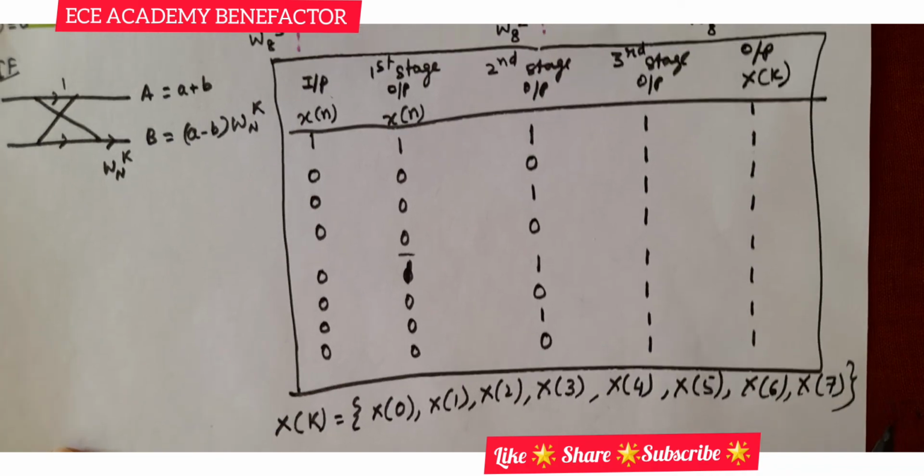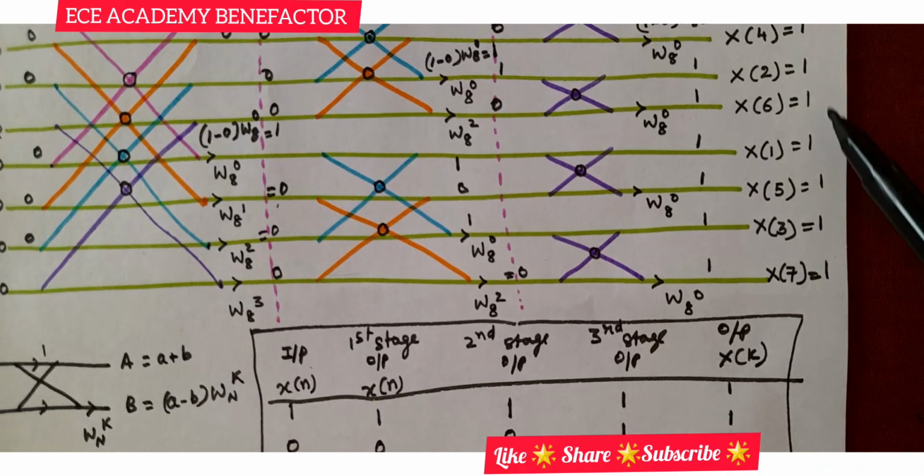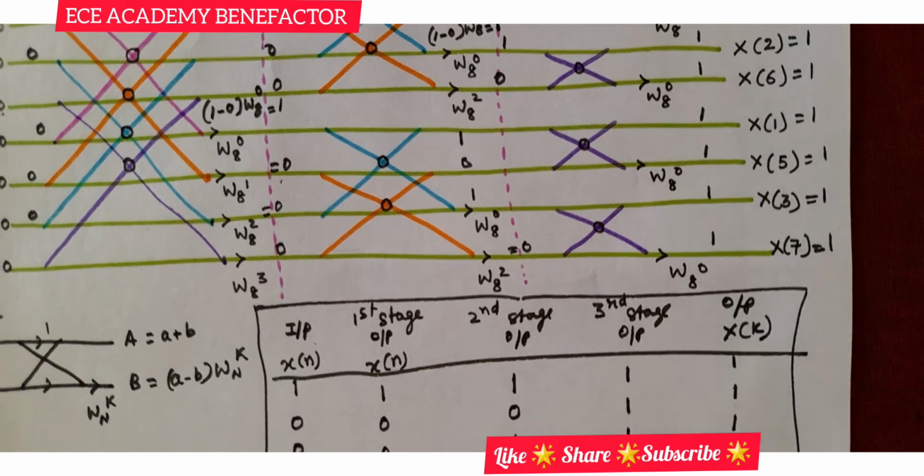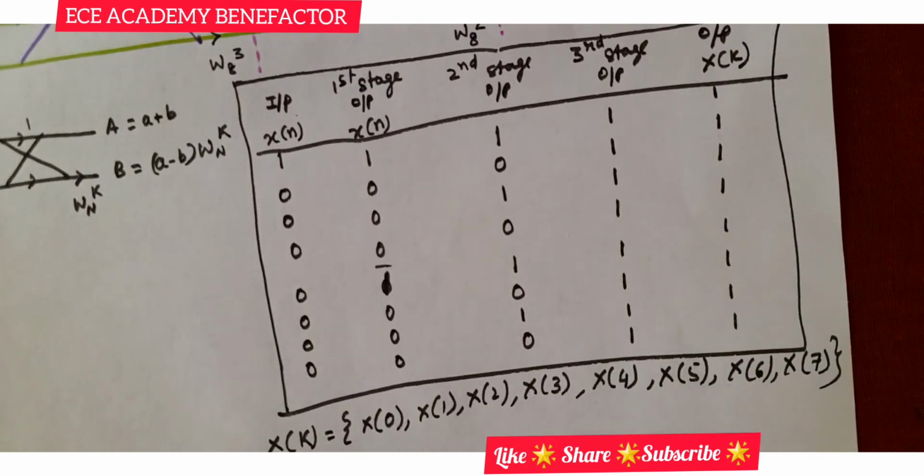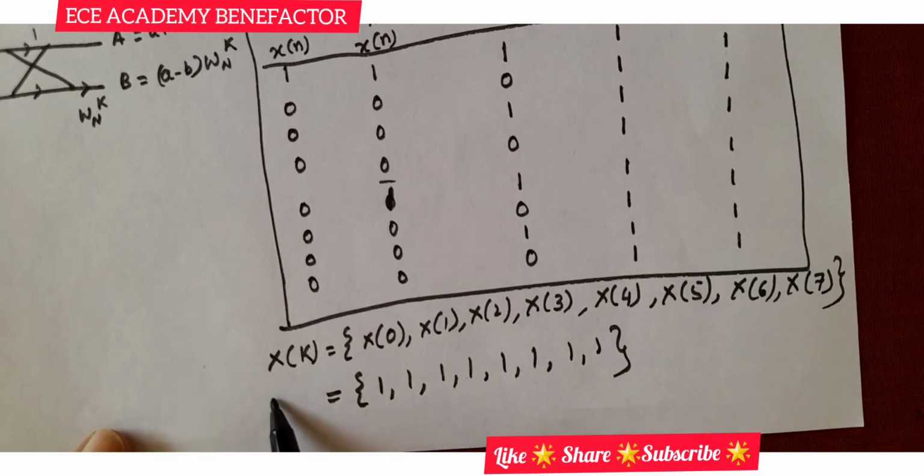So here you observe, what is x of 4 value? 1. So x of 1, 1, 1, like this. So this is capital X of k.